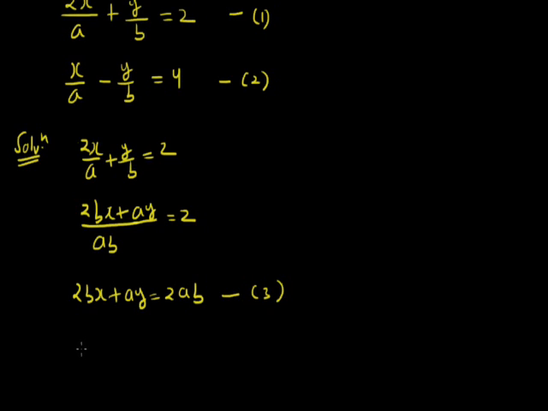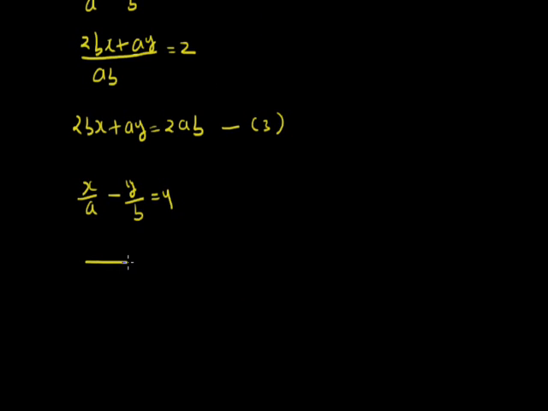Now if we take equation number 2, that is x upon a minus y upon b is equal to 4, we take the LCM, that is ab. ab divided by a gives b into x, that is bx, minus ab divided by b, the b's get cancelled, a multiplied by y, we get ay, is equal to 4. After cross multiplying we get bx minus ay equals 4ab. Now this is equation number 4.